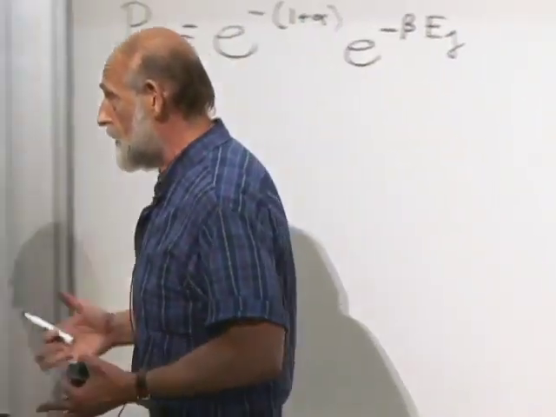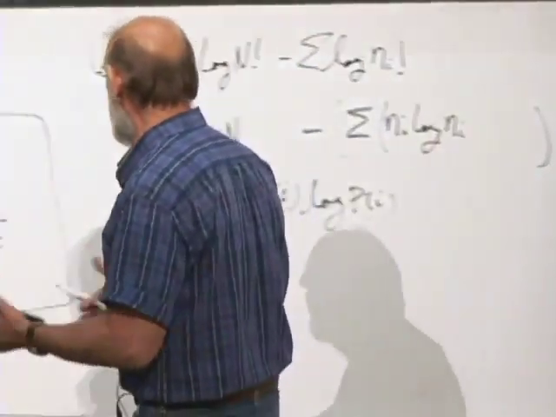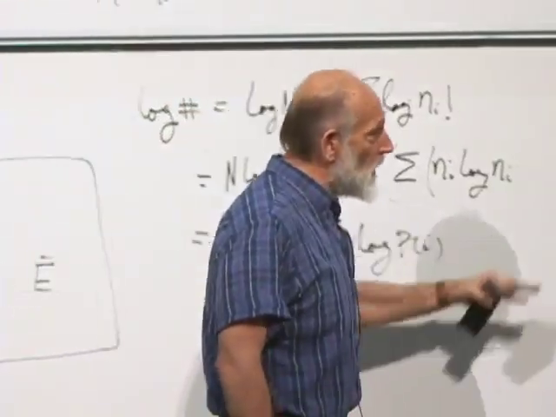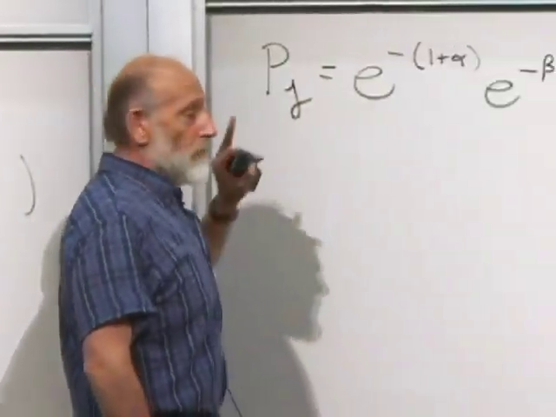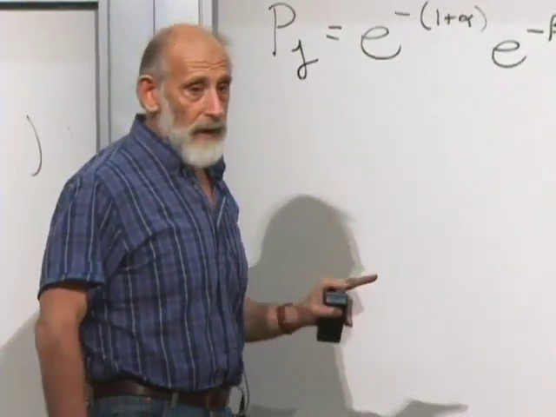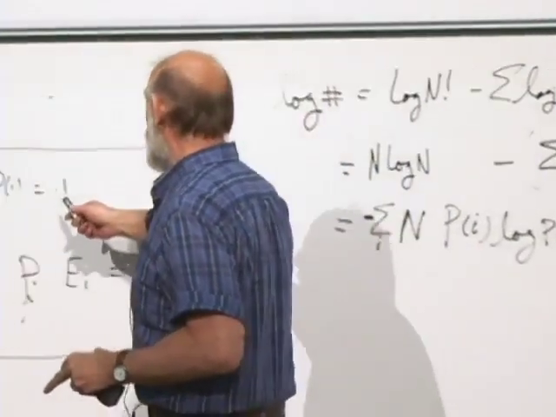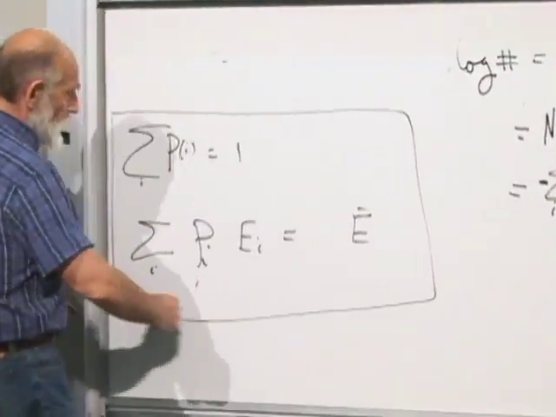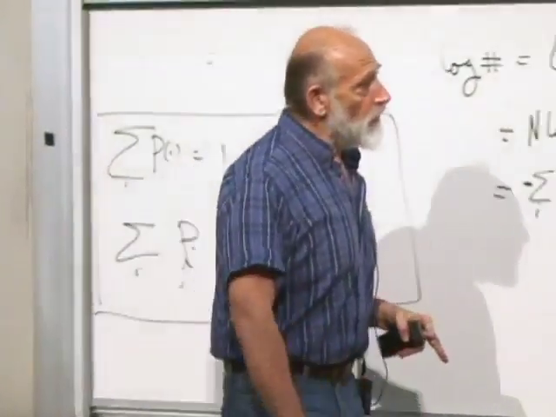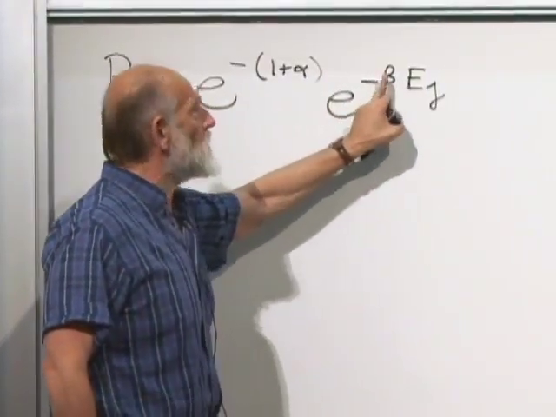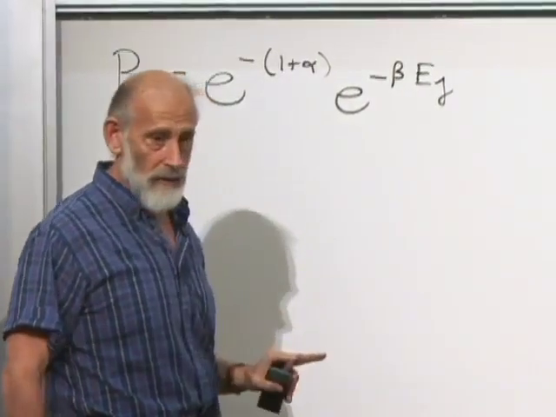You get a bunch of magic, a bunch of sleight of hand, but all of it was good, genuine mathematics. And we discovered that maximizing the entropy subject to the constraint of a given total probability and a given total energy uniquely tells us that pj is proportional to e to the minus some quantity times ej.